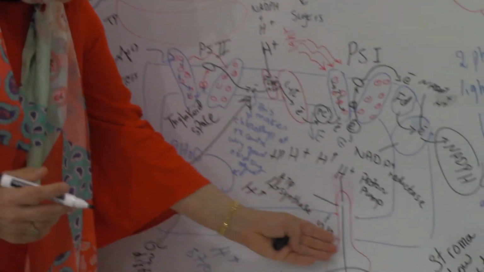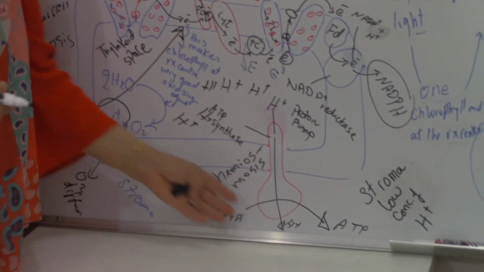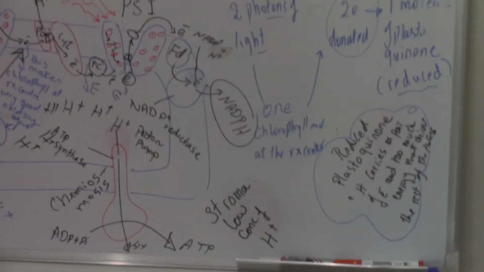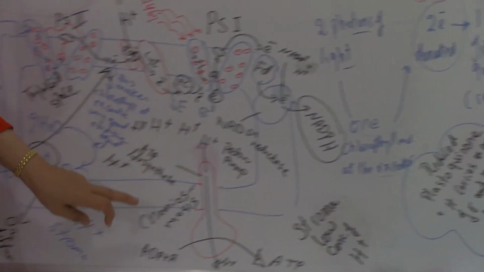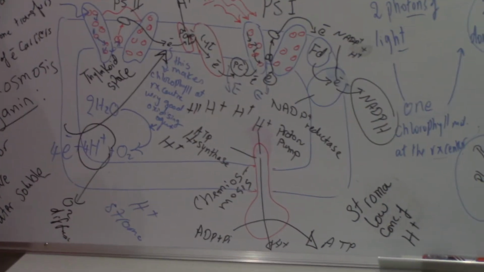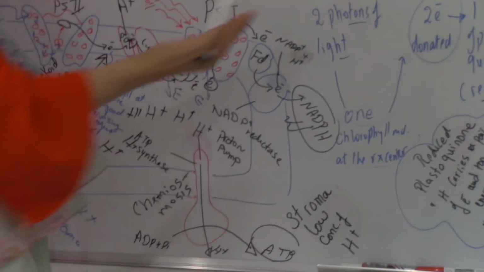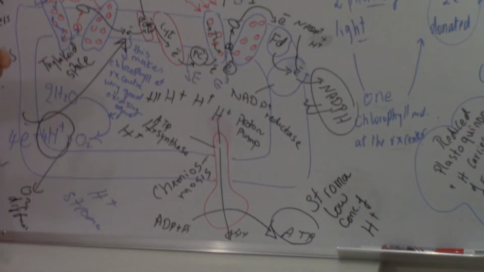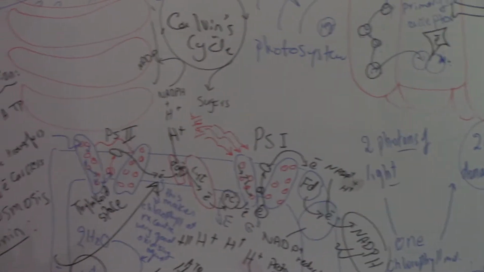The hydrogen ions here can now pass passively down their potential gradient, and in doing so the machine is going to rotate, releasing ATP from ADP and Pi. Both reduced NADP and ATP will be used in the next stage of photosynthesis, which is the light-independent reactions.